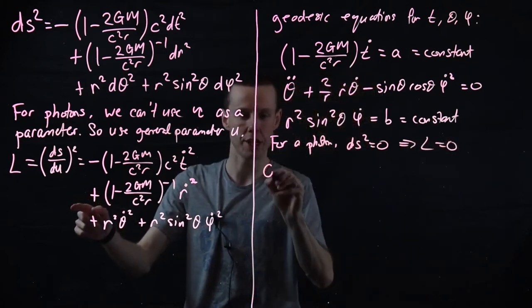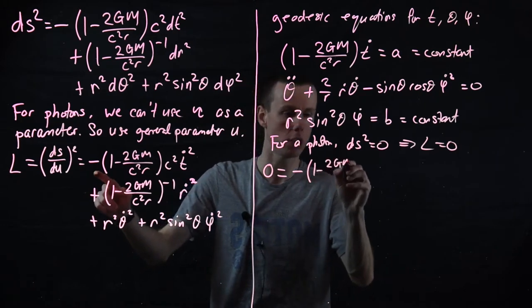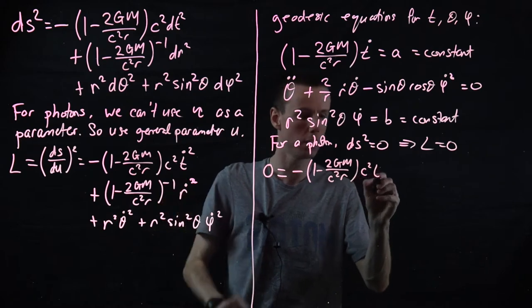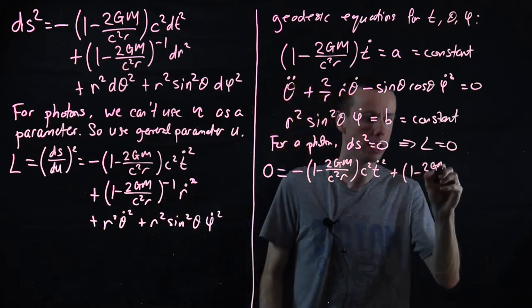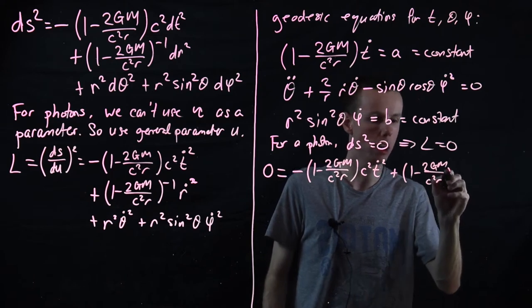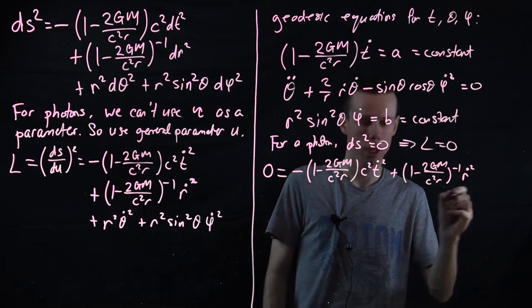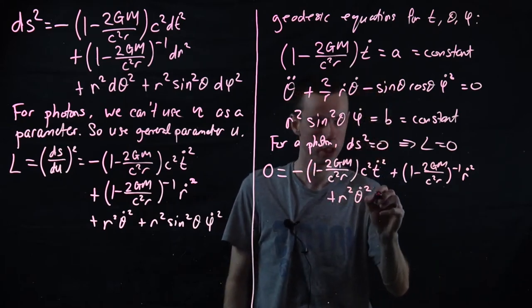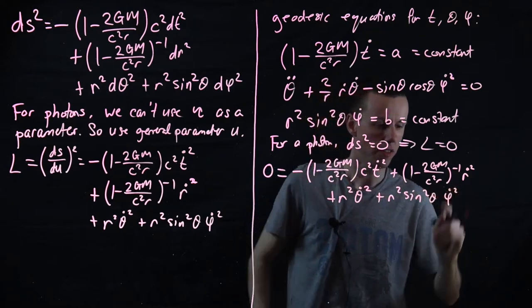So we just get 0 is equal to minus (1 minus 2GM over c squared r) times c squared t dot squared plus (1 minus 2GM over c squared r) to the minus 1 r dot squared plus r squared theta dot squared plus r squared sine squared theta phi dot squared.